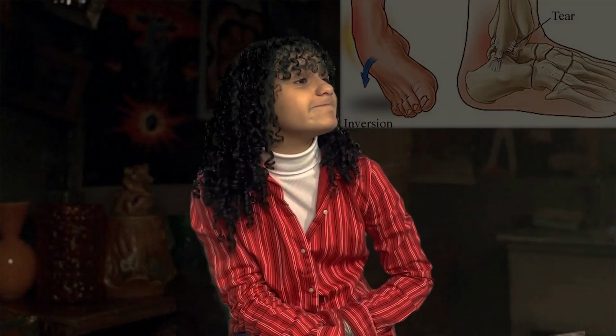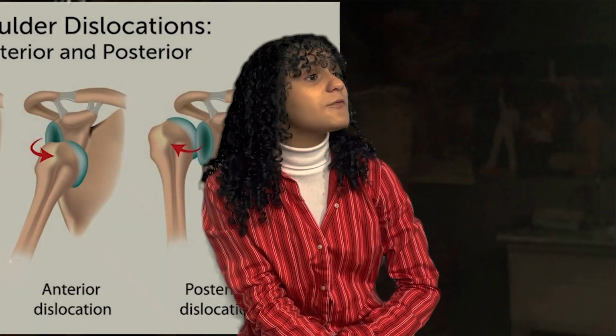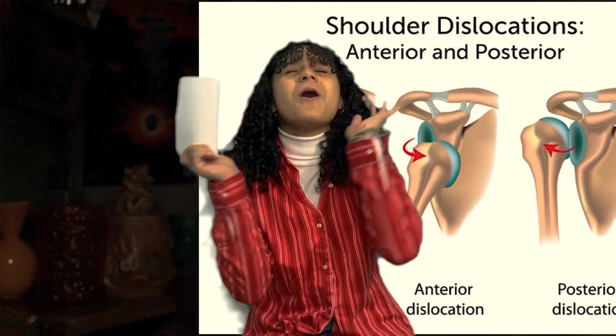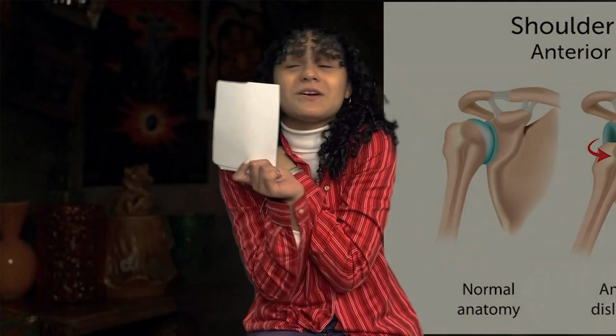Aww. Partially torn ligaments repair themselves, but it takes a while. When ligaments are too damaged to be repaired, they must be removed and replaced with grafts and substitute ligaments. And then there's dislocations, which occur when bones are forced out of alignment.